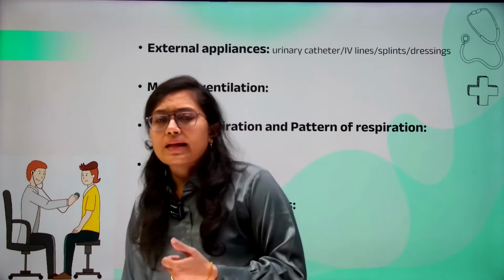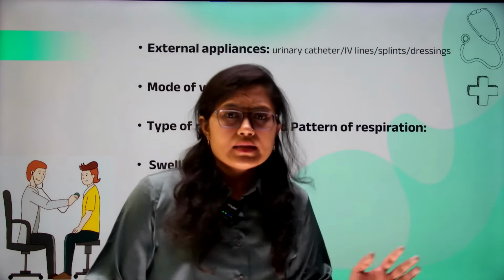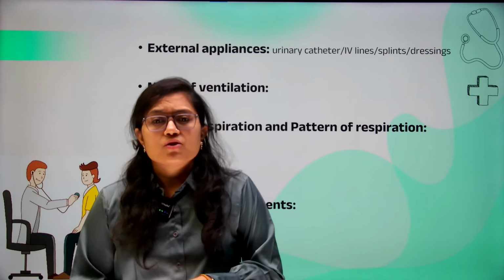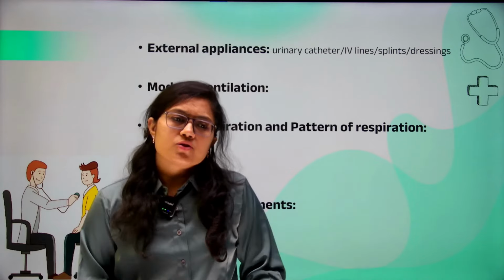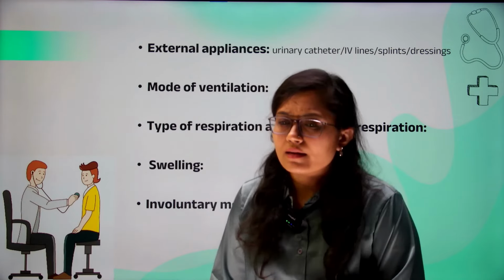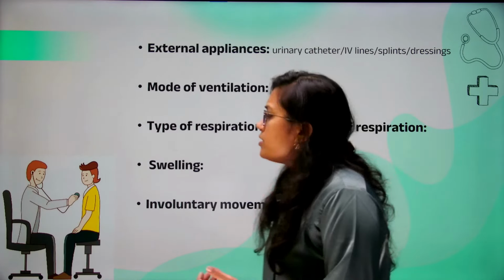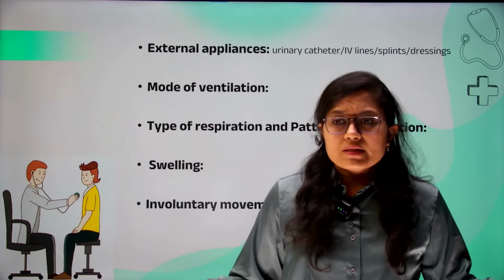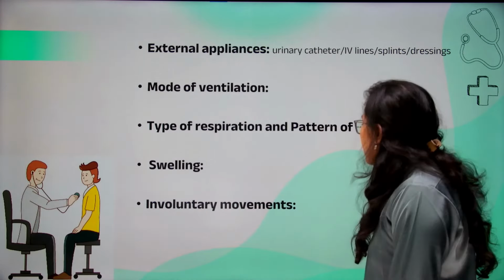External appliances: whether the patient is walking without any external appliances, whether any IV cannula has been placed, whether the patient is walking with a stick, a walker, a tripod or any other things. Mode of ventilation, if the patient needs that. Type of respiration and pattern of respiration.